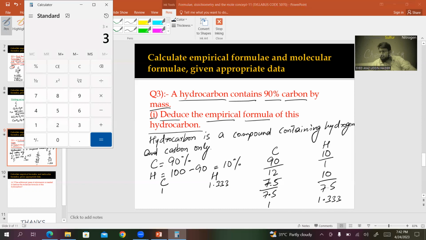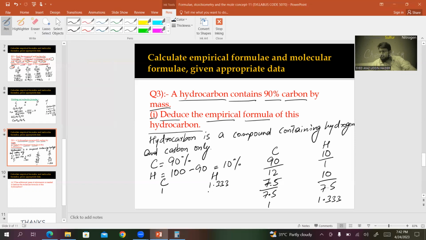So we'll multiply 3 by 1.333, we'll get 3.99, which can be rounded off to 4. For carbon, you will write 3. So the final formula will be C3H4. This will be the final empirical formula.